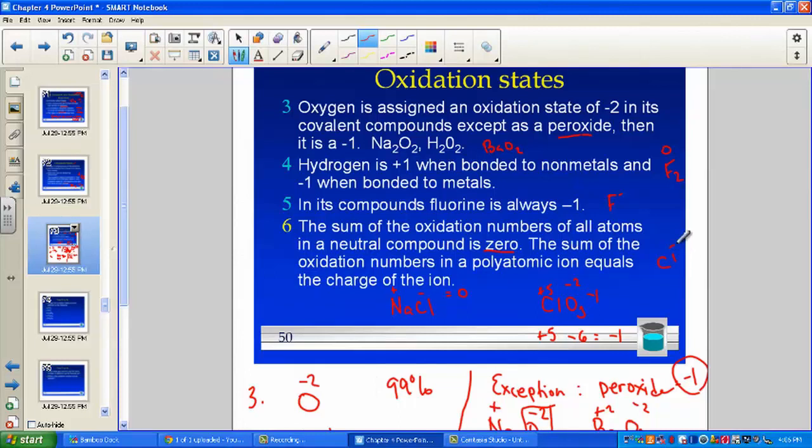Now, chloride, Cl-, a monoatomic ion, its oxidation number is -1. My goodness, it changes depending on what it's involved with. Chlorine in this polyatomic ion is a +5. Chlorine in this binary ionic compound is a -1. That takes some practice, doesn't it?